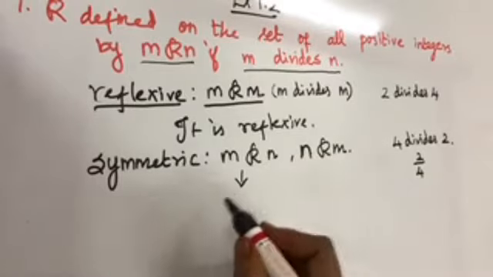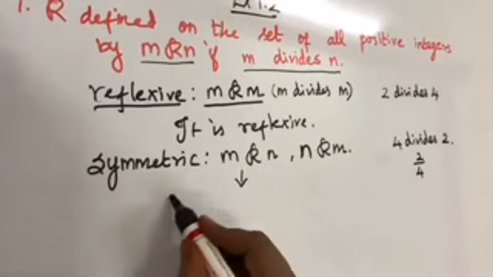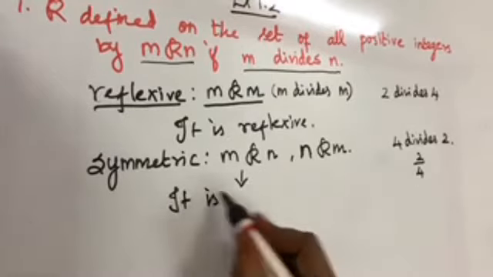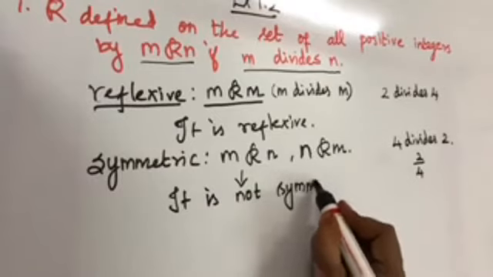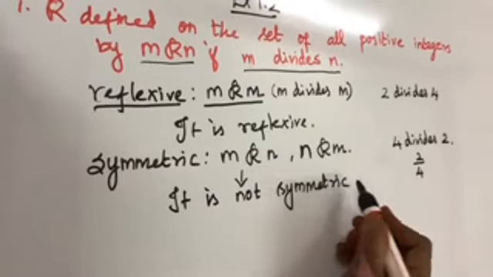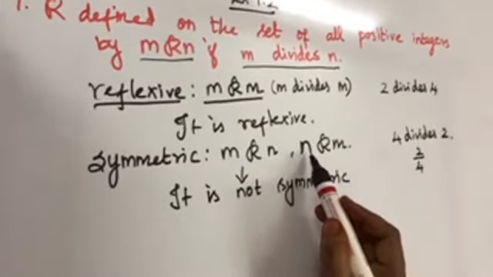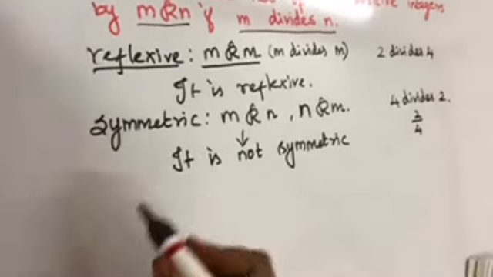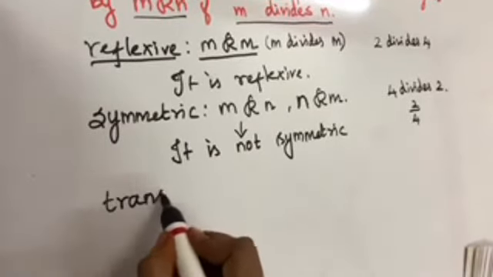So this symmetric condition is not satisfied. It is not symmetric, because m divides n, but not in all cases n divides m. Similarly, next, transitive.